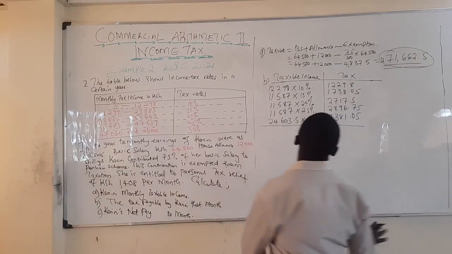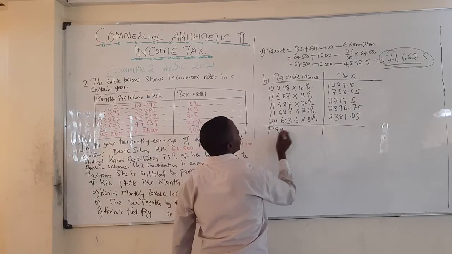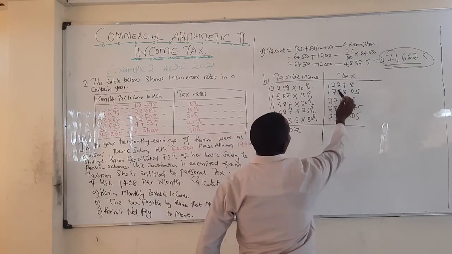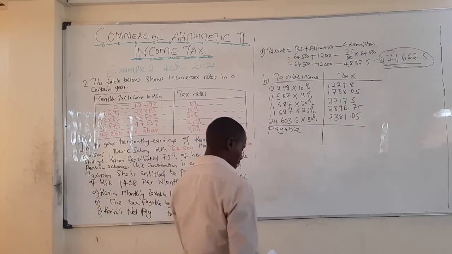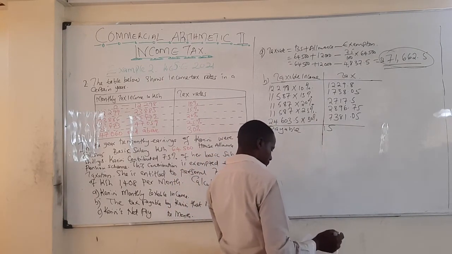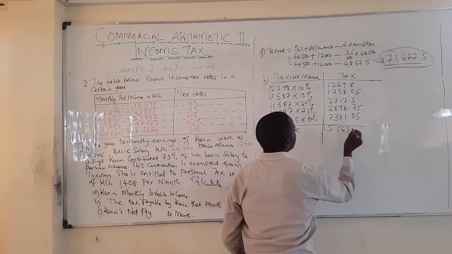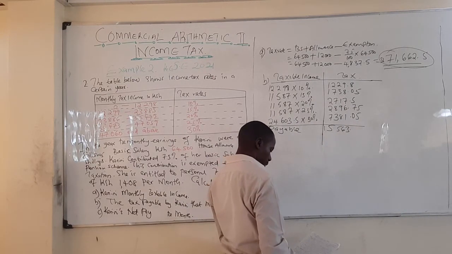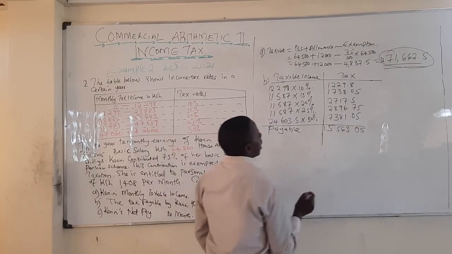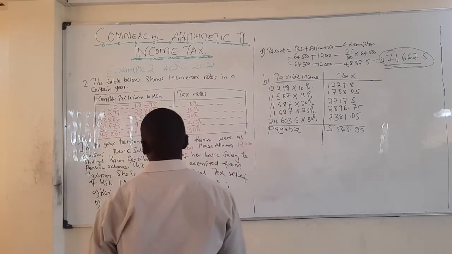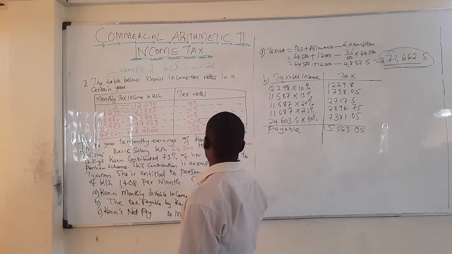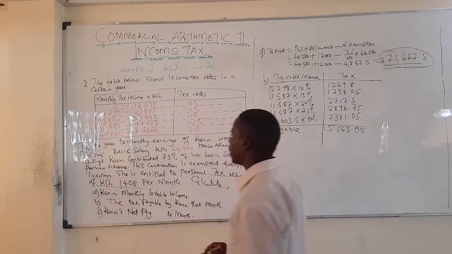So we add those values for us to get the payable tax. This is tax that one is supposed to pay. We add these five values using a calculator, and you're going to be having 15,563.05. Then this person, Kanini, was having tax relief of 1,408.